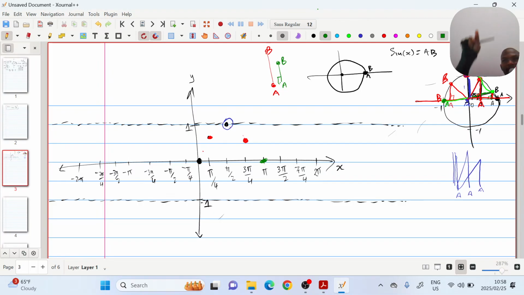So if you look at the height when it is above the axis, is y above the axis positive or negative? Yes, so the height is positive. If we were looking for cosine, for instance, cosine is dealing with this side, the horizontal axis. So when we're on this side, OA is going to be positive, but when we're on this side, it's going to be negative. You get it? Yes.